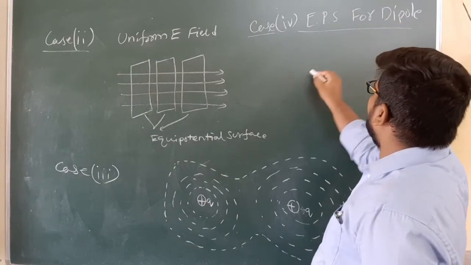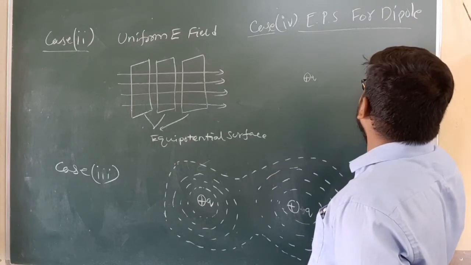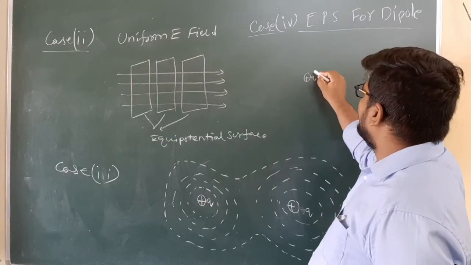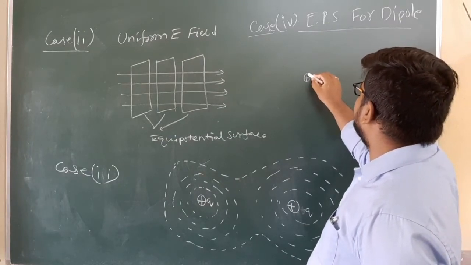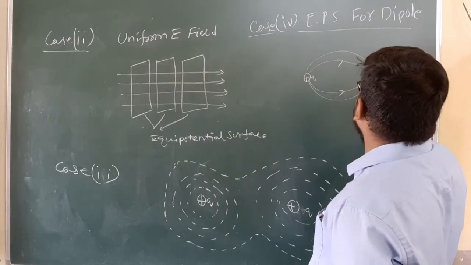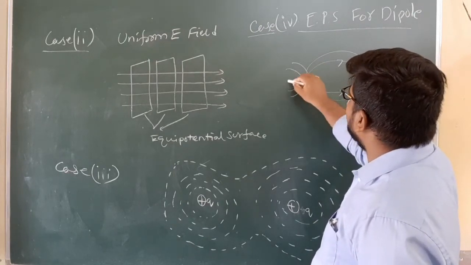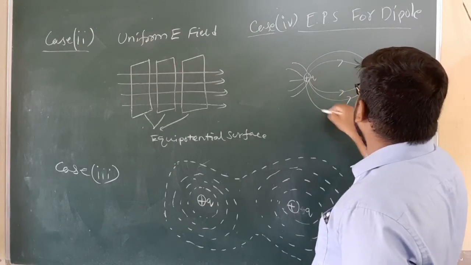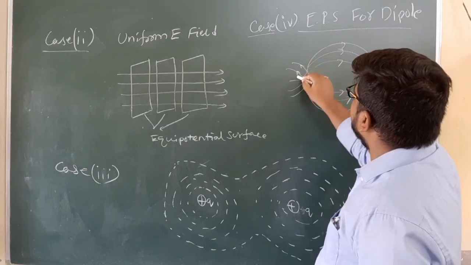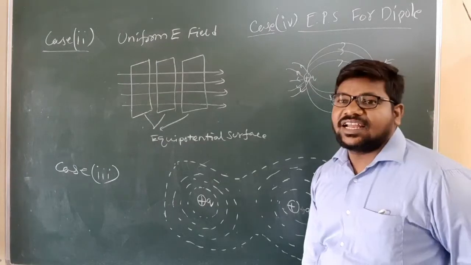So dipole: positive charge and here negative charge. We know that electric field lines pass from where to where? From positive charge to negative charge. So first we have to draw the electric field from positive to negative direction. Direction indicated neatly.